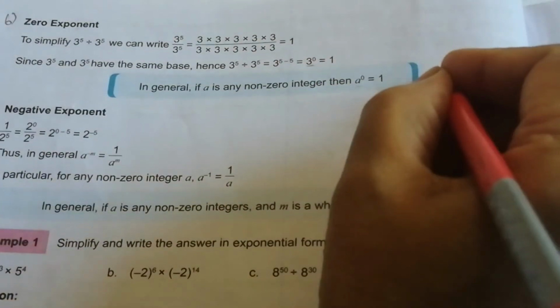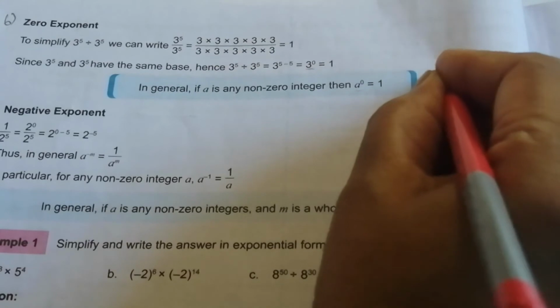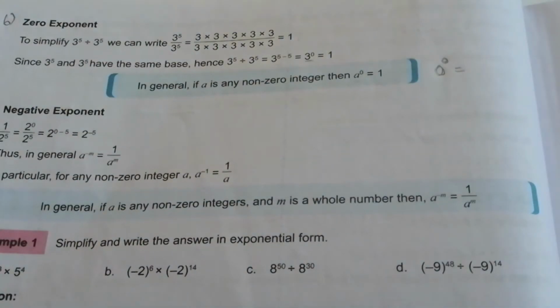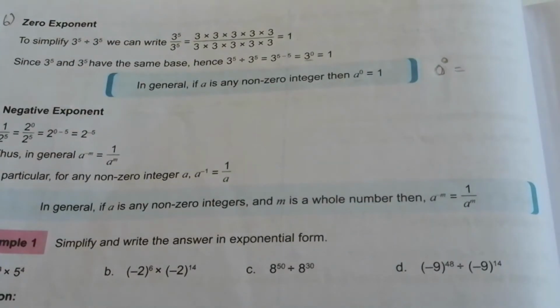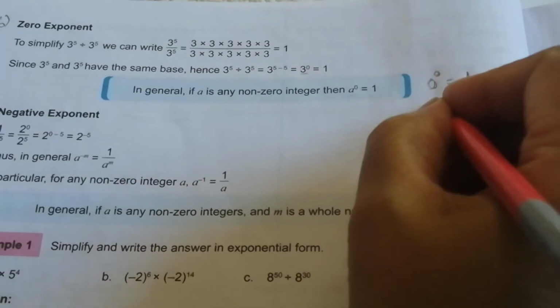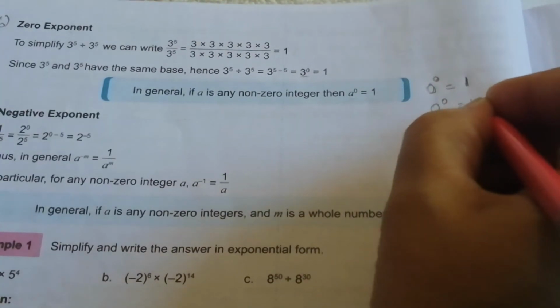So what is the value of 0 power 0? The value of 0 power 0 is given as undefined in some books, and in some books it is given as 1.